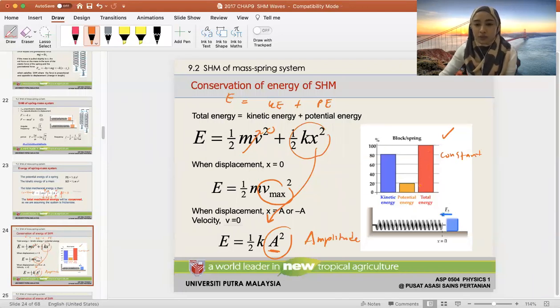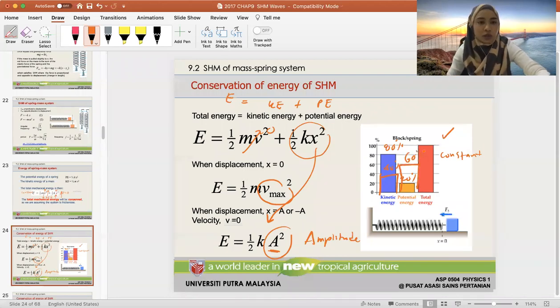If my potential energy is 20%, my KE has to be 80% because the total needs to be 100%. If my KE is, kita buat value lain lah. Kita cakap KE is 40%. So now it's 40%. What should potential energy be? It should be 60.